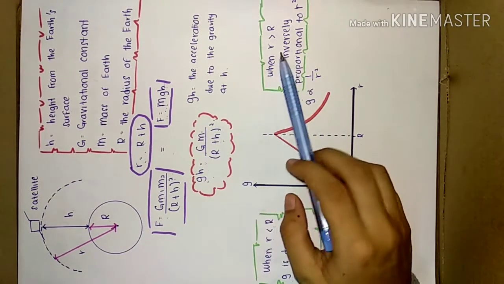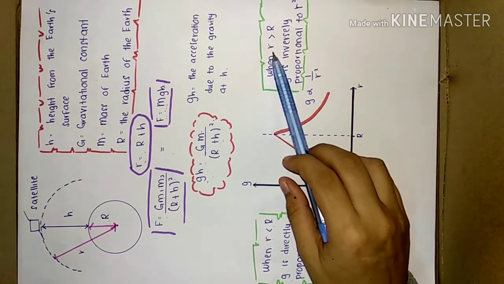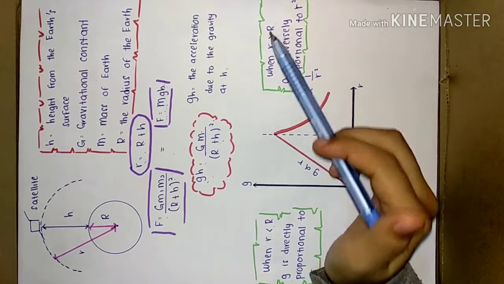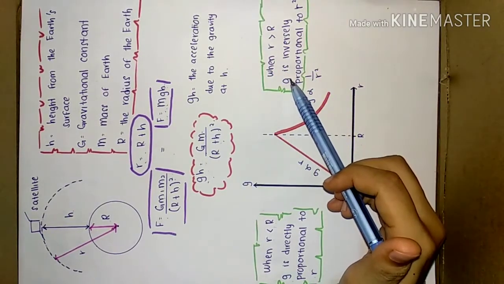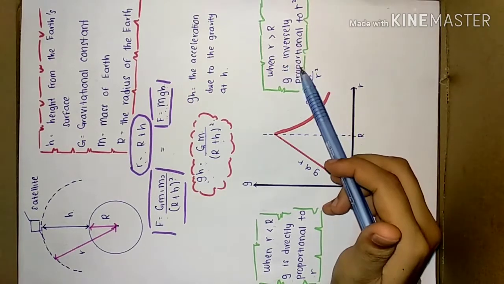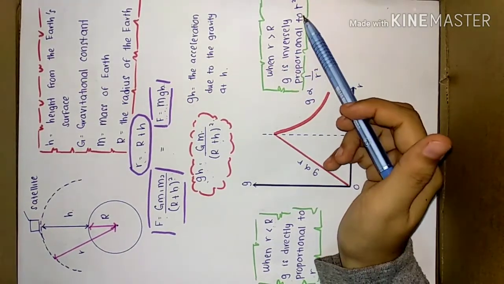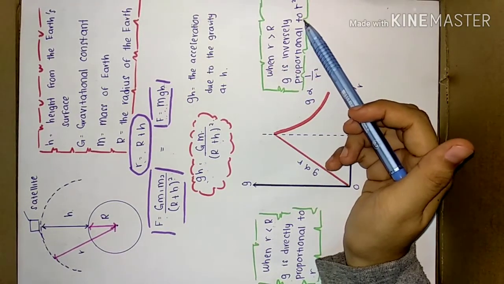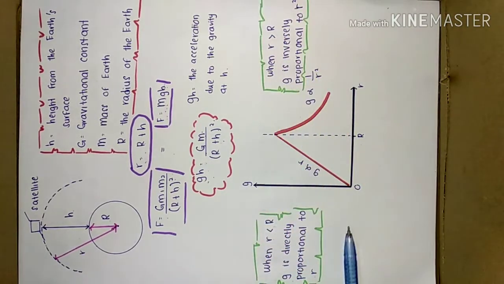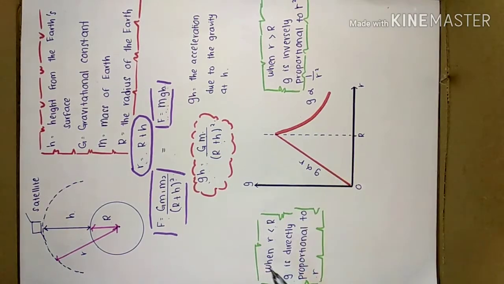But when the distance from the center of Earth is bigger than the radius of Earth, the gravitational acceleration due to the height is inversely proportional to the distance squared. So this graph represents two relationships.